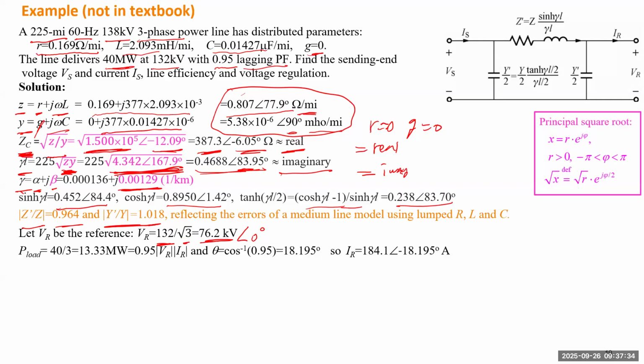Power for each phase will be the total three-phase power divided by 3, that's 13.33 megawatt. Because we are going to calculate the efficiency and voltage regulation, it doesn't matter whether you calculate for all three phases or just one phase. So here we change the voltage, current, and power into values for each phase.